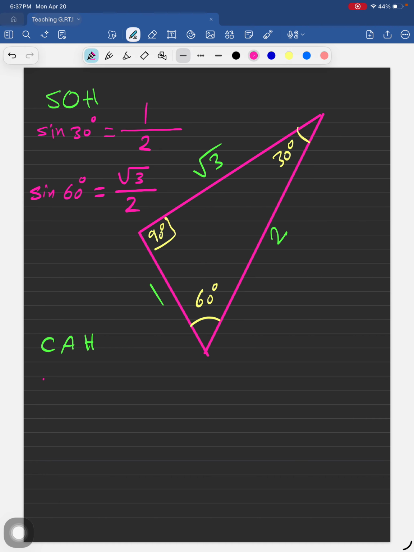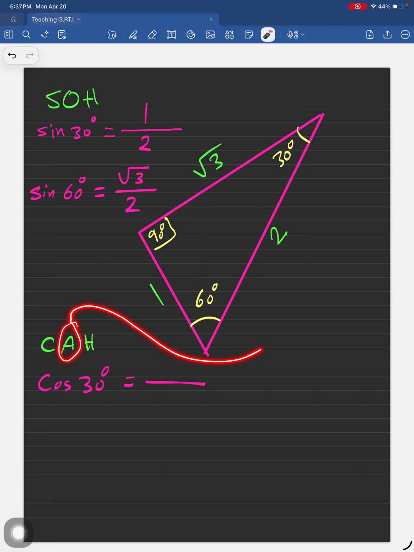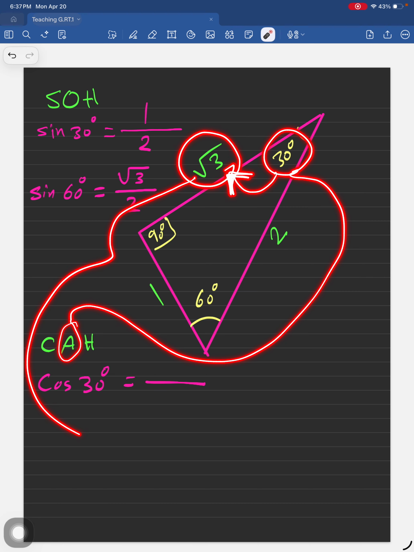We take the C as cosine, then 30 degrees equals. Starting with the A as adjacent, talking about the 30 now, the adjacent, which is the nearest to the 30, is the square root of 3. So take the square root of 3 and write it down here in the numerator.